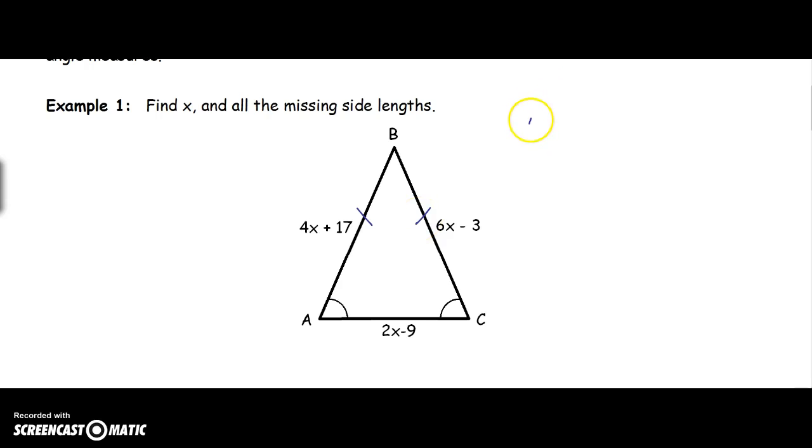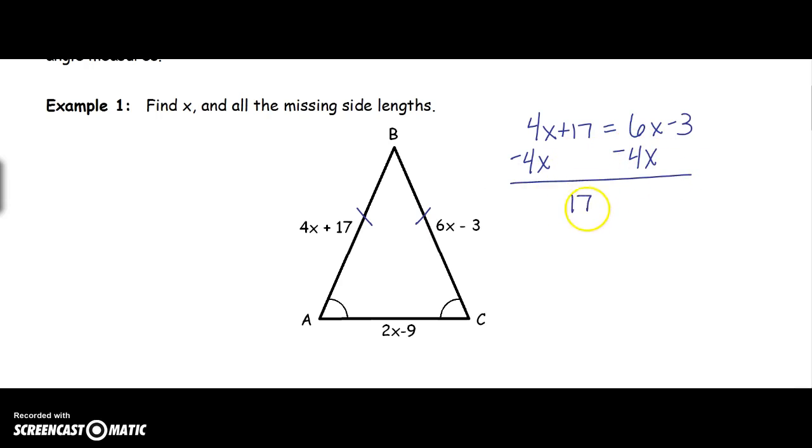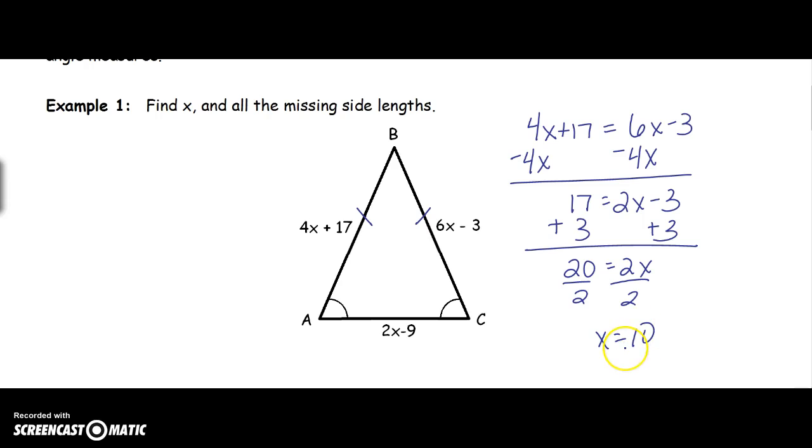So you can take those two sides, 4x plus 17, and set it equal to 6x minus 3. Move your x's to one side, and you have 17 equals 2x minus 3. Add your 3, and so you have 20 equals 2x. Divide by 2, x equals 10.